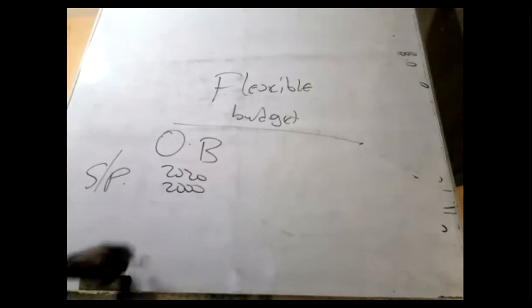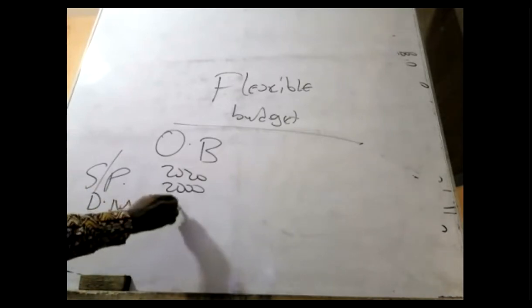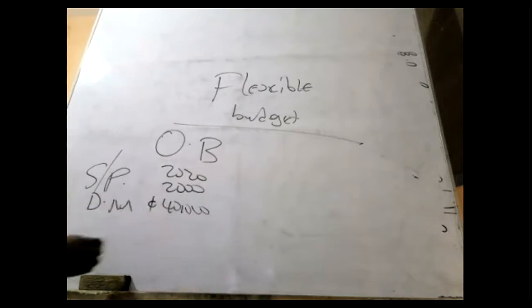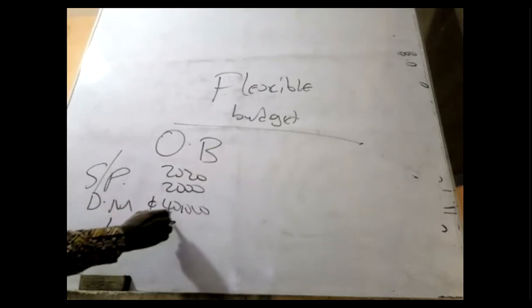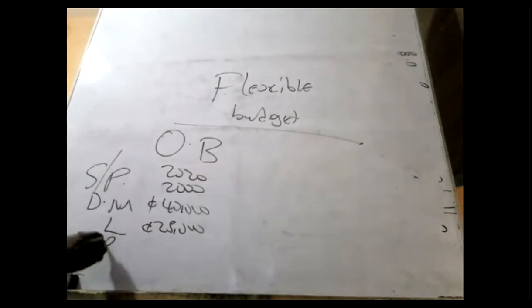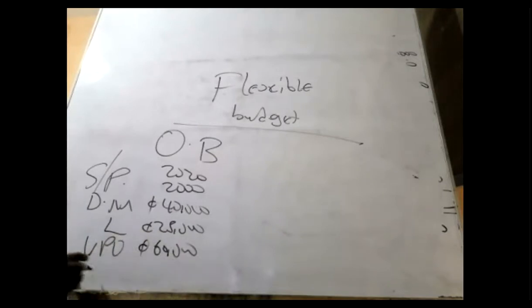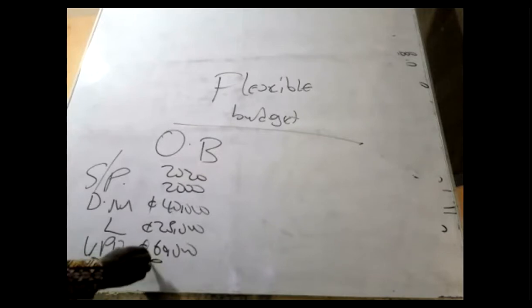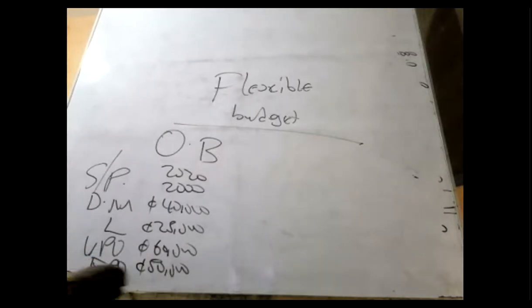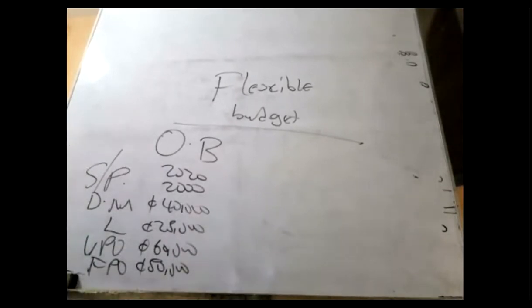The cost based on production of 2,000: direct material is 40,000 cedis, direct labor 25,000 cedis, and your variable production overhead is 60,000 cedis. Your administrative fixed production overhead is 50,000 cedis. Now, all these costs are based on what? The assumption that they are going to produce 2,000.